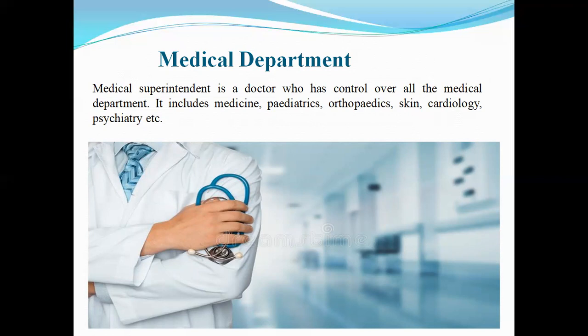He is responsible for, and in control of, the overall hospital. The other smaller departments of the medical department include medicine, pediatrics, orthopedics, skin, cardiology, psychiatry, and neurology. Various departments are there, and all of them will be looked after by the medical superintendent.